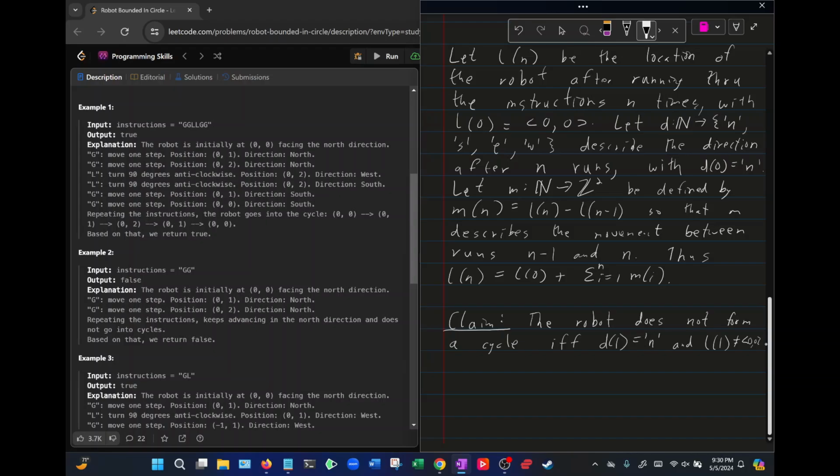But the other conditions are just the negation of this. So it's either D1 is not north, or D1 is north and L1 is the origin.